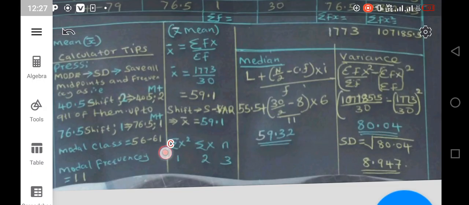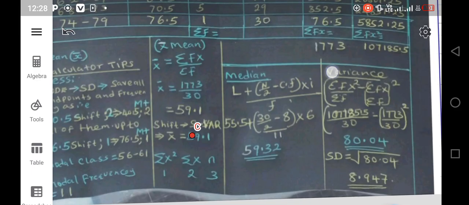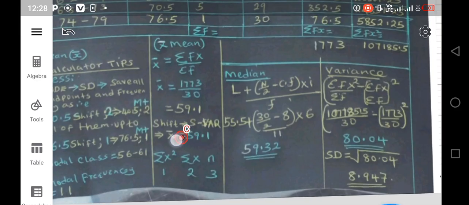Now we have summation of f, which the calculator is going to display. Whenever you want to confirm in your table, just press shift S-SUM. There's a pattern there written as sum. So summation of fx squared is like fx squared.